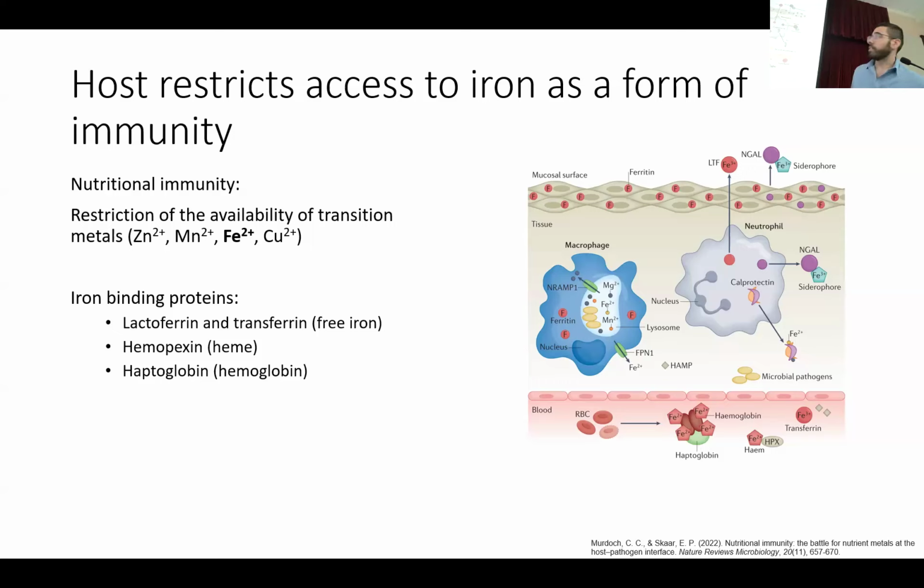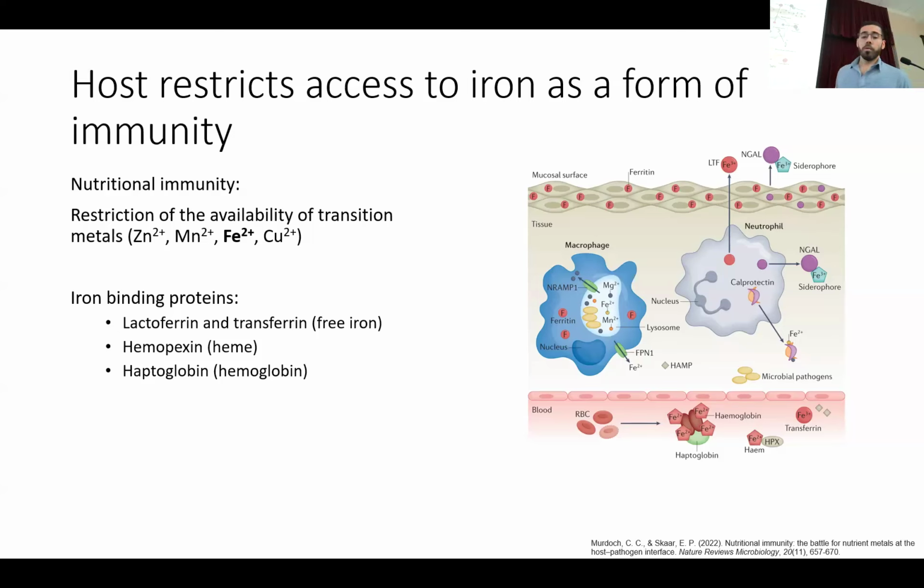An example I listed here is that it uses proteins like transferrin and lactoferrin to bind free and available iron. But you can see it is complicated, so the host goes to great lengths to limit bacteria from these essential metal ions, including particularly iron.